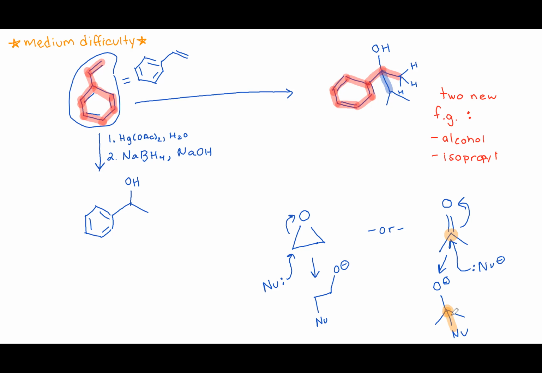Whereas with an epoxide, the new bond is bound to the carbon adjacent to that other carbon. Does that make any sense? I feel like I just said a bunch of random words. I'm getting very, very little confidence back.